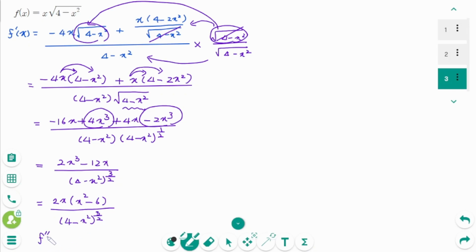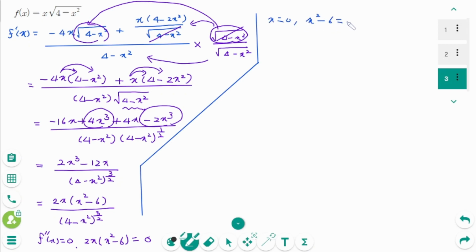Then f prime of x equals 0. That means the numerator is 0, which is 2x times (x squared minus 6) equals 0. Then x equals 0 or x squared minus 6 equals 0.